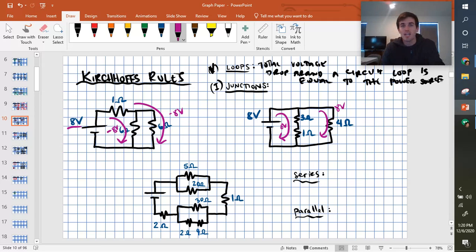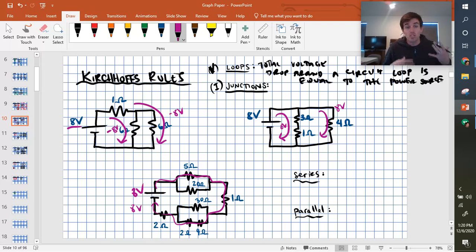In the very last one, I have lots of different paths that I could take. I could take the outer path, and along that whole path through all of those resistors, it would use up 8 volts, and any other path that a charge took through this circuit would use up 8 volts.